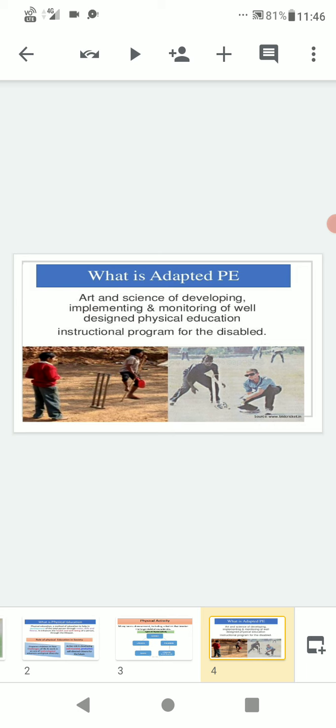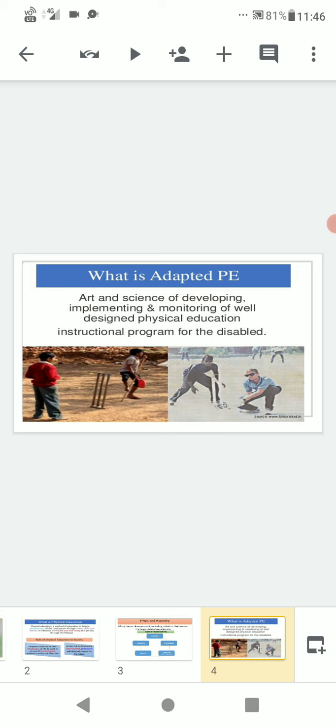In 1947, the American Association for Health, Physical Education and Recreation conducted a survey to determine the most acceptable term for the identification of physical education for differently abled children. Consequently, the term adapted physical education was the most acceptable. Since then, this term became popular.